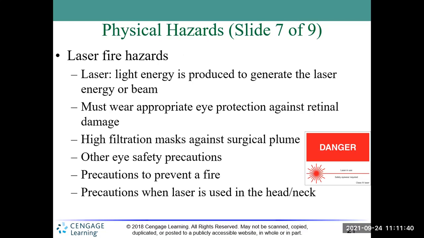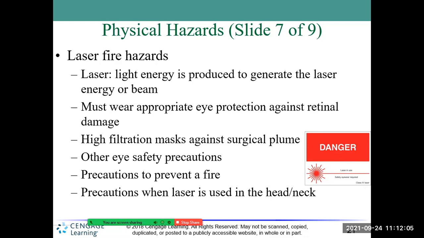Now, we talked a little bit about laser, but those fire hazards are real, especially when you're looking at cases that are a full laser case. When it is a laser procedure, you'll see this picture down here in the right-hand corner, where that danger laser in use sign is always going to be displayed.